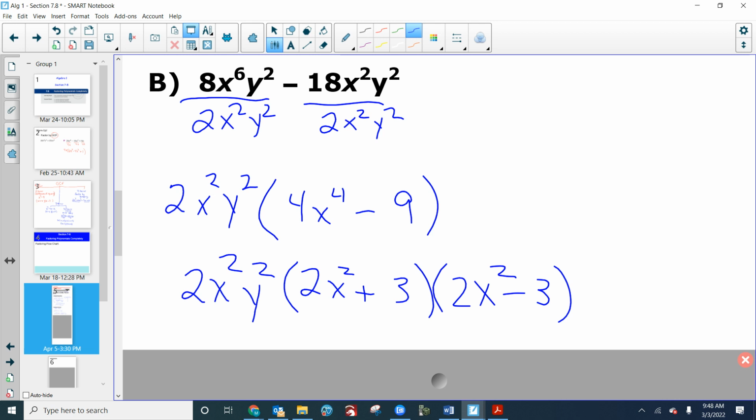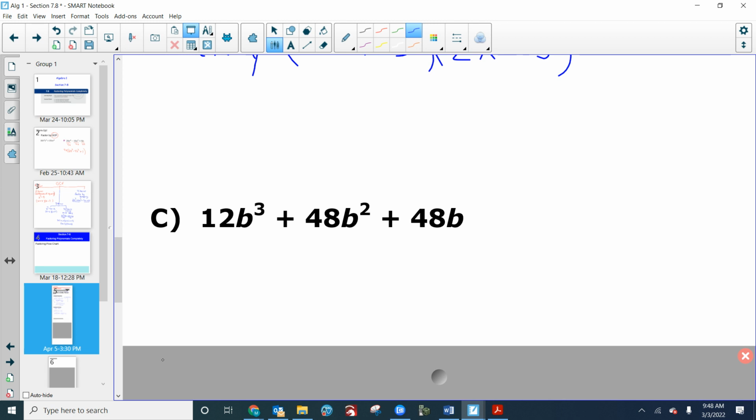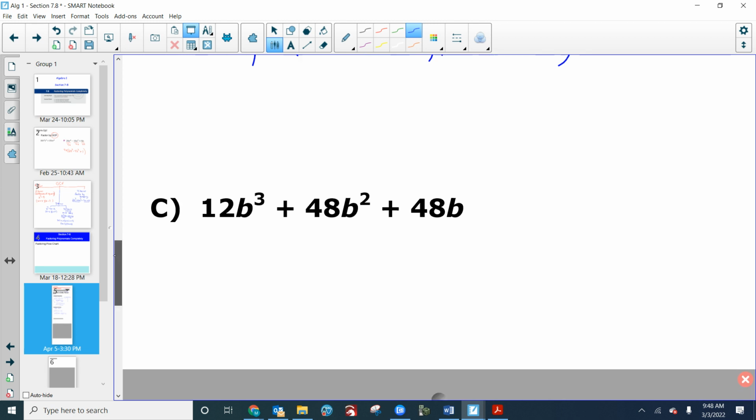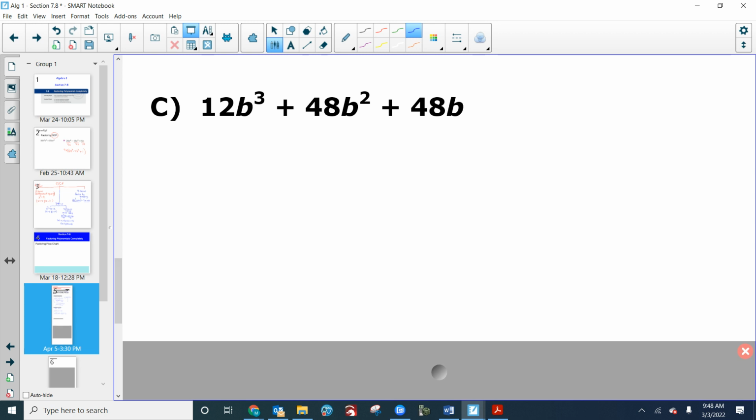All right. I think there's another one on this page. There she is. All right. What was it? Check for what? There's a GCF there.